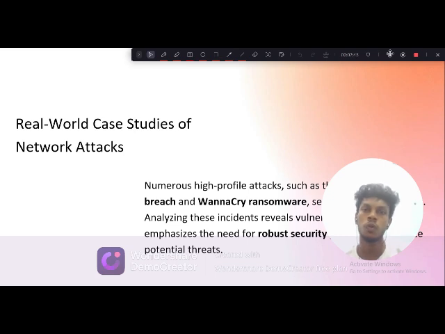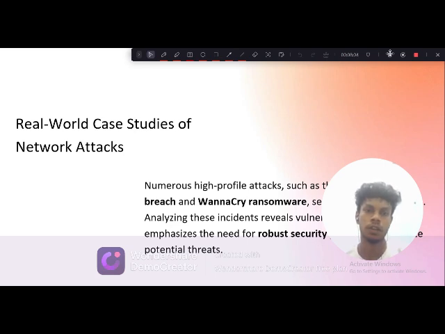So, how the attack worked: it exploited a vulnerability. It used a Microsoft Windows vulnerability in the Server Message Block protocol. The exploit, named EternalBlue, was originally developed by the NSA and later leaked by the hacker group called Shadow Brokers.